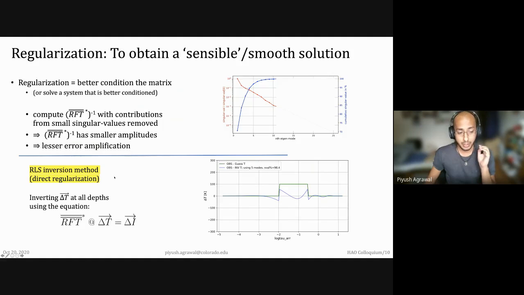In this method, you solve for delta t at all depths, and you regularize the system by removing the small singular values. In the plot, I'm keeping 5 eigenmodes, and my inversion solution corresponds to the blue one. Please don't worry about why the shape of this blue curve is so weird. The intention is that the blue curve should be closer to 0 compared to the green one.